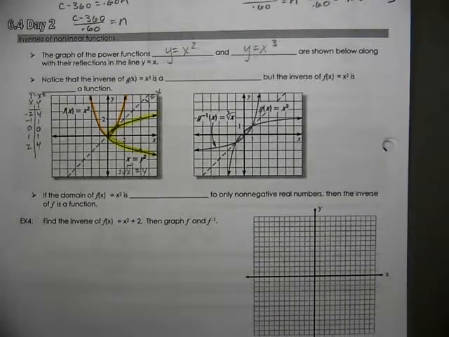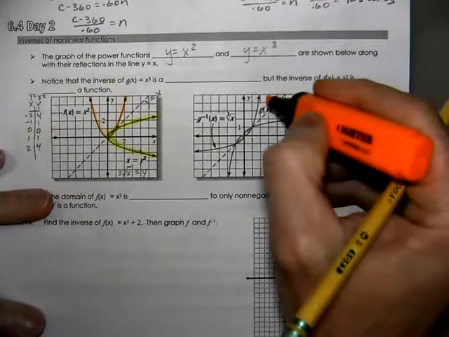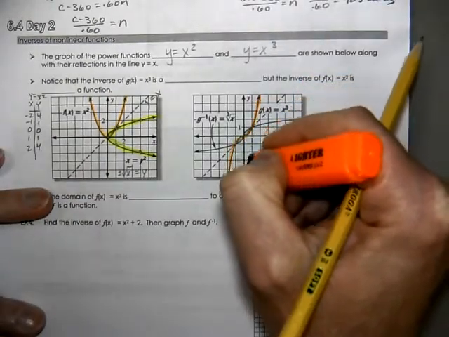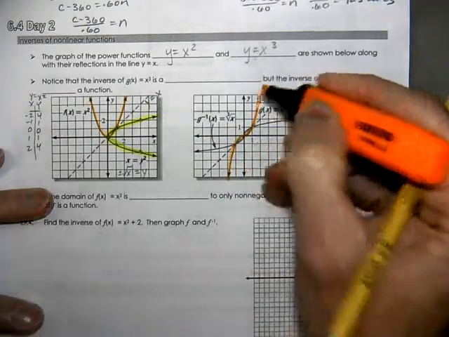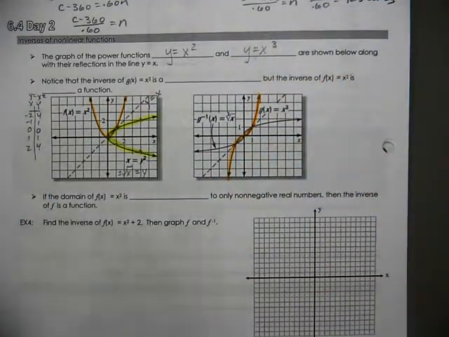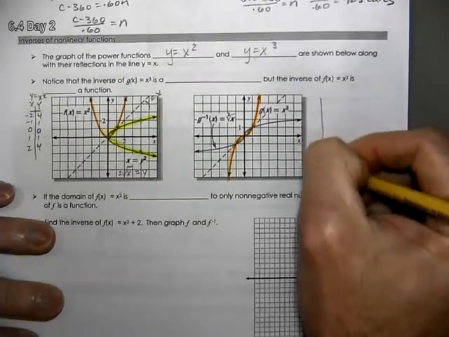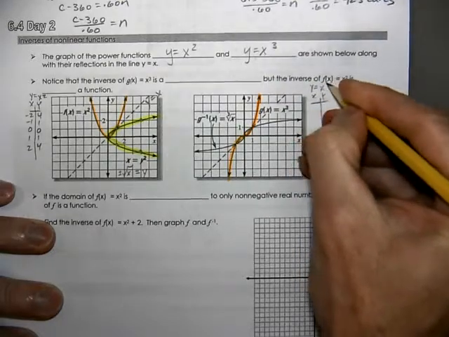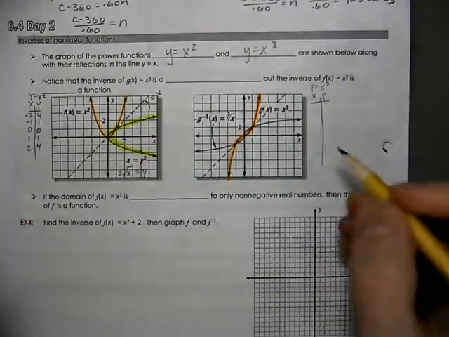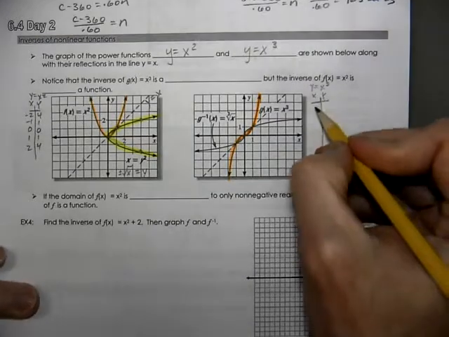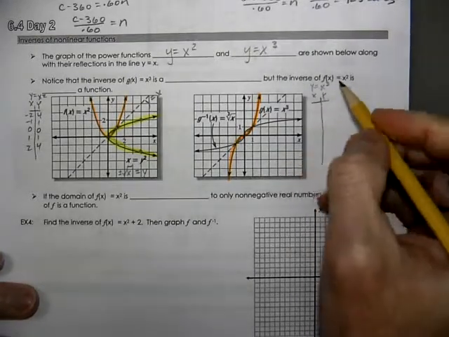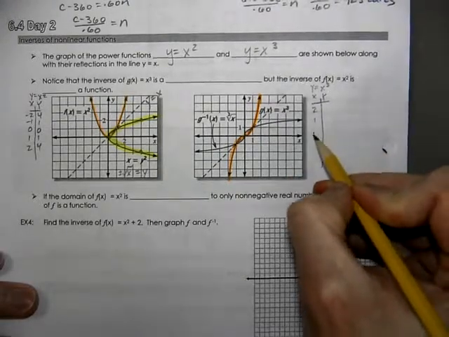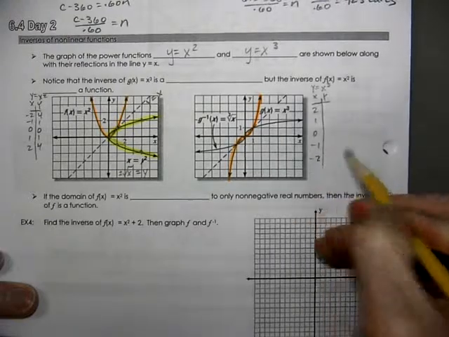The other graph that we have is y equals x cubed. And that makes this S curve. And some points we like to use with that, I have to take 2, 1, 0, -1, -2.